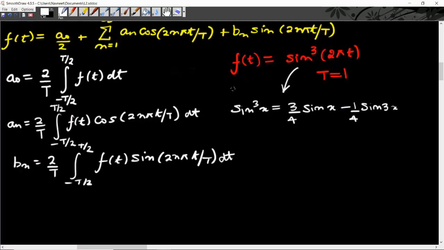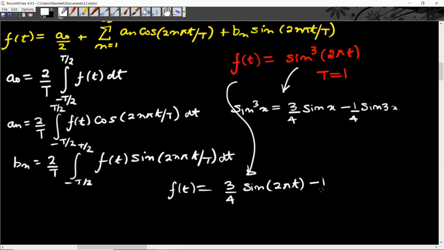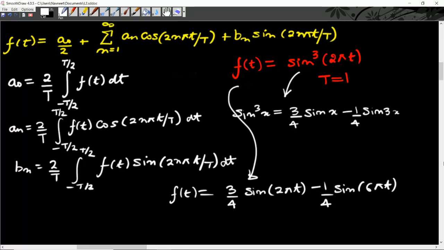So in our case, we can write f of t as 3 by 4 sine 2 pi t minus 1 by 4 sine 6 pi t. If I write this function in this form, then all I have to do is compare the terms with different frequencies on the right hand side of this equation.